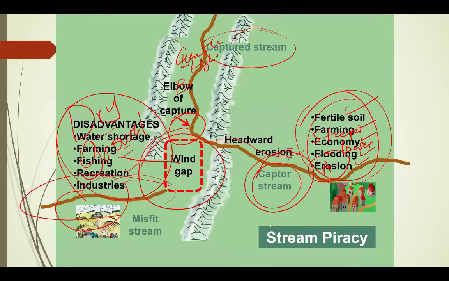Vertical erosion increases. There is higher volume of water, like I said. But when you look at the stream that has lost water or that has been captured, there's going to be less volume of water. Because of less volume of water, less erosion, more deposition.